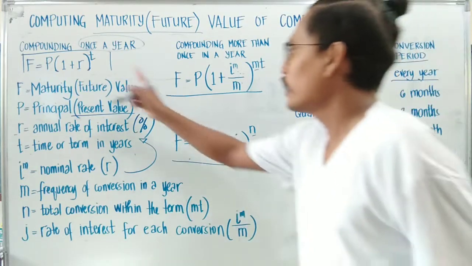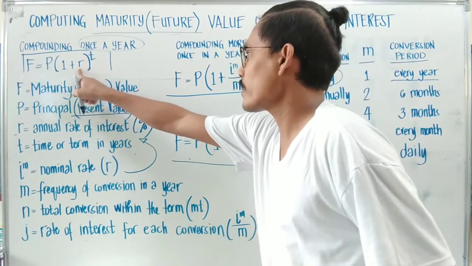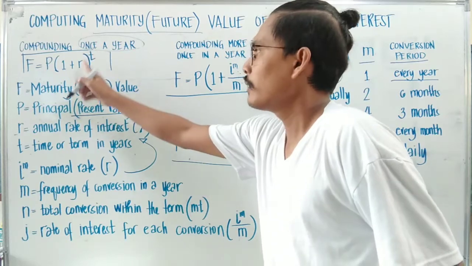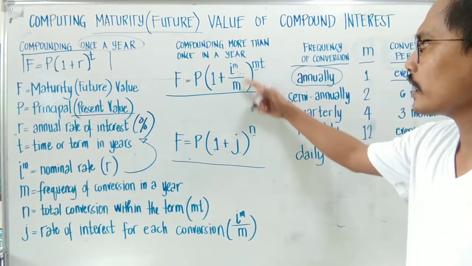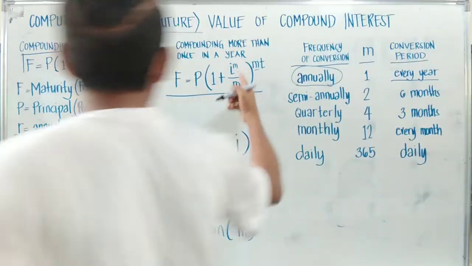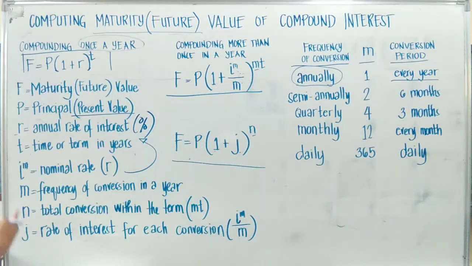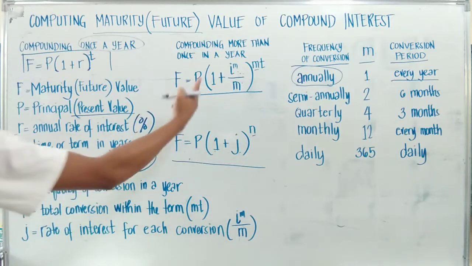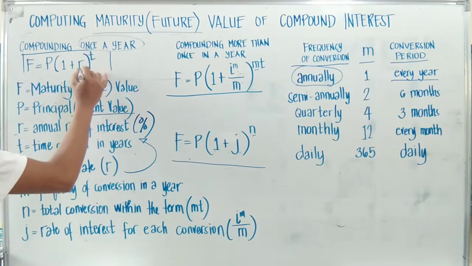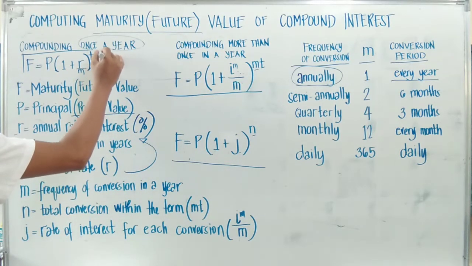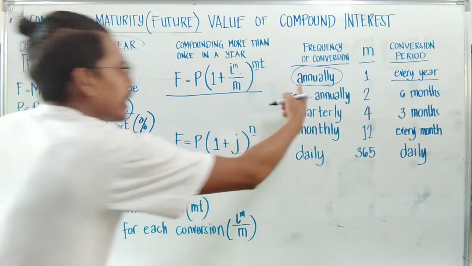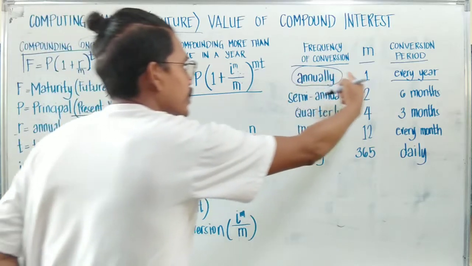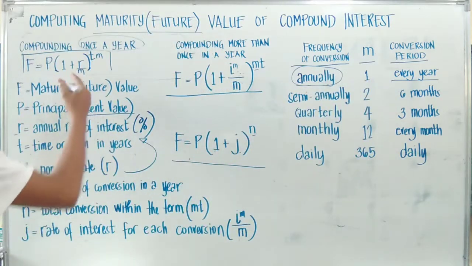Therefore, in here you cannot see any variable M. If we base it in here, M is divided on your rate. So the rate is divided by M and multiplied to your T. But on annual conversion, M is 1.